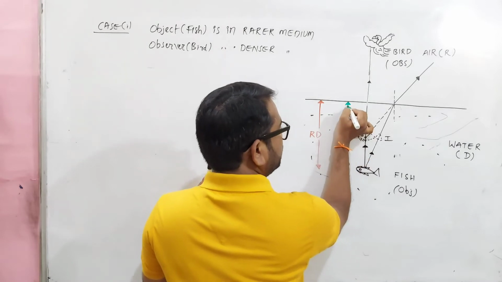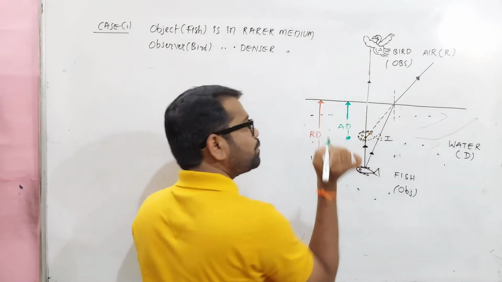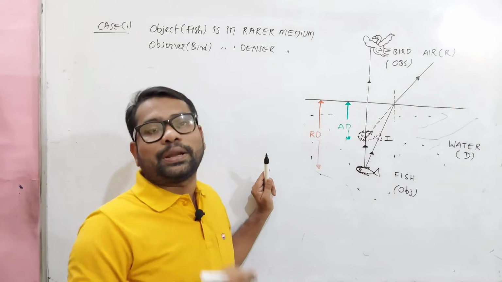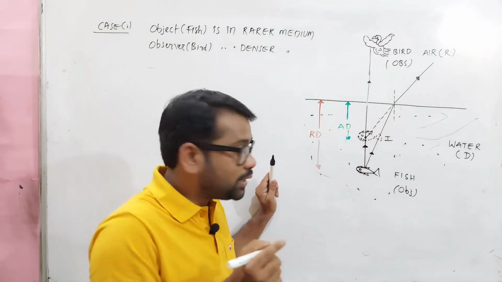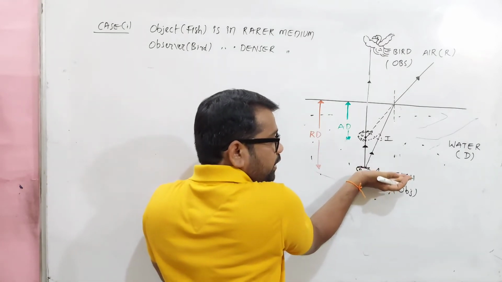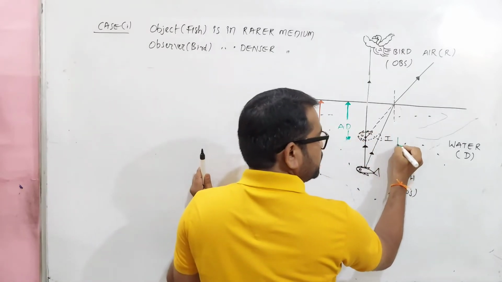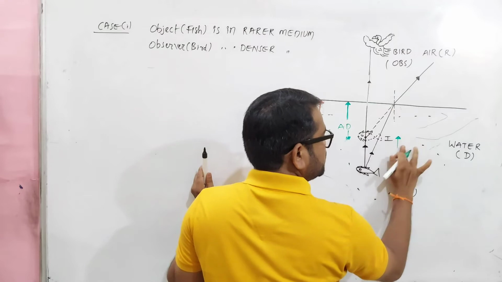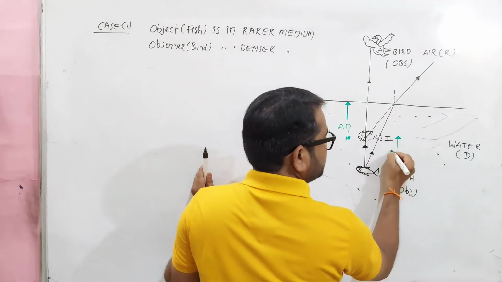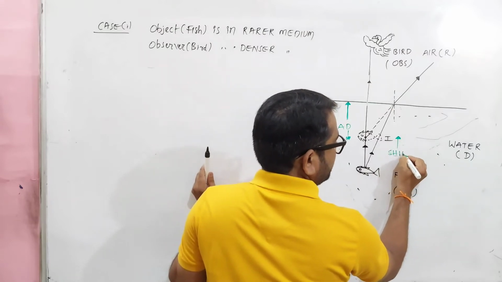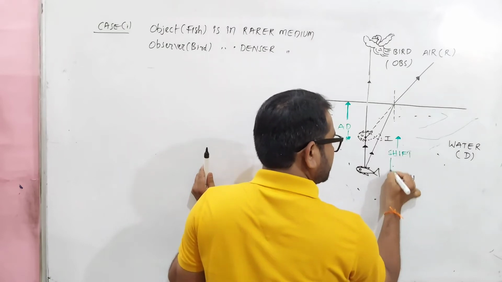Try to understand. The depth at which the image is formed is called apparent depth. So here, the image is shifting from the original position to this position. From here to here, we can call it a shift.